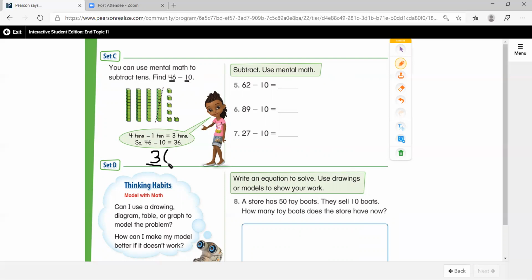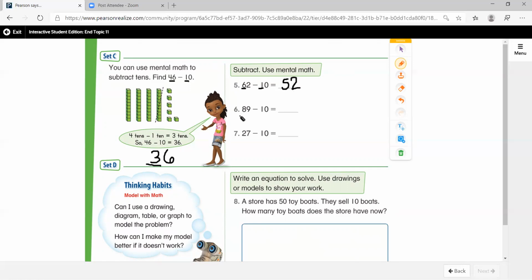And then we're going to put a 6 in the ones place. Because remember, if we're subtracting a group of 10, our ones place stays the same. So if we take a look at number 5, in my tens place, I have 6 minus 1. 6 minus 1 equals 5. And because we're subtracting by 10, our ones place stays the same. So 62 minus 10 is 52.